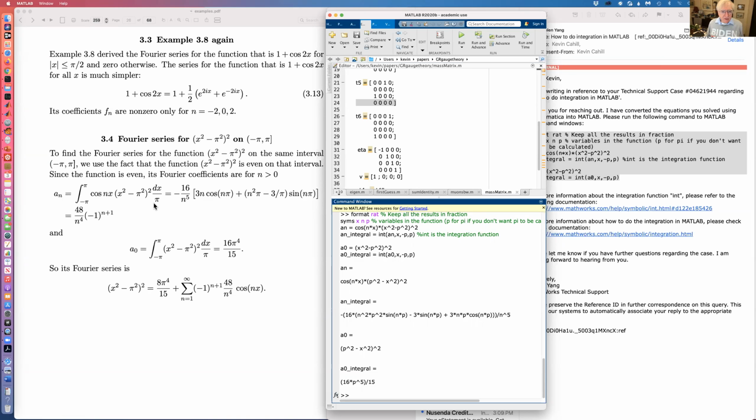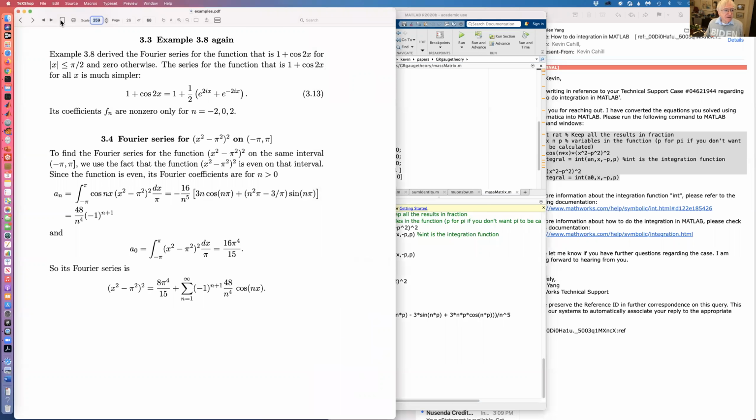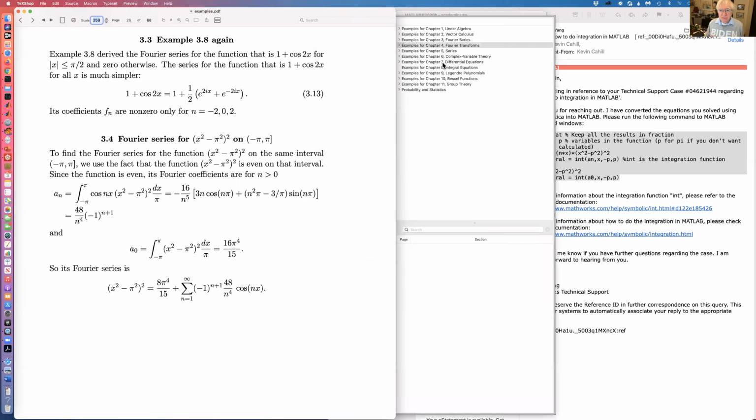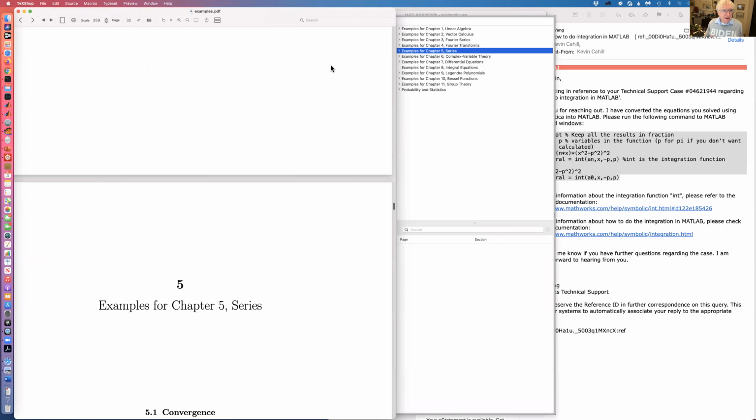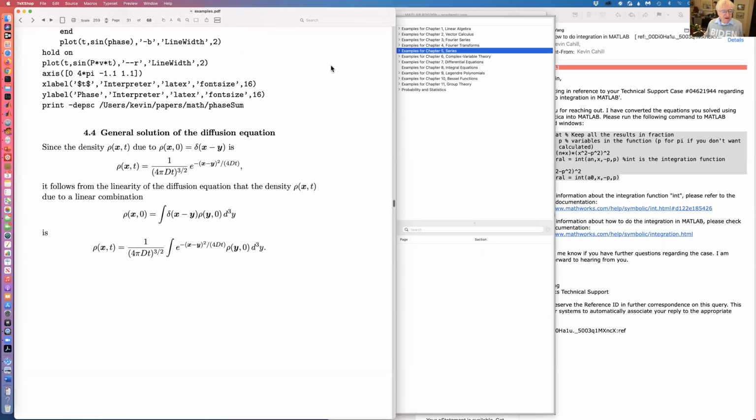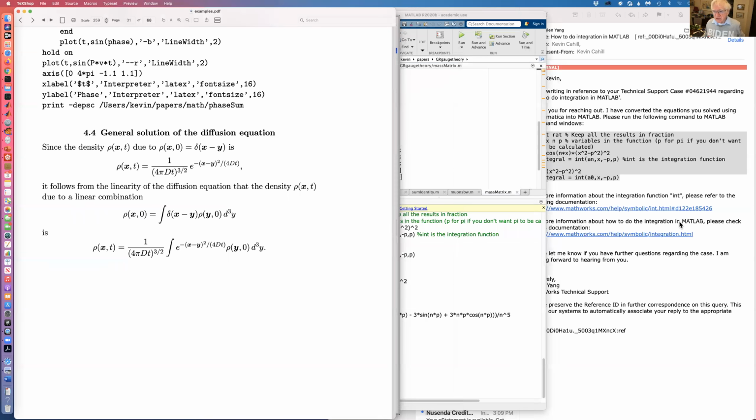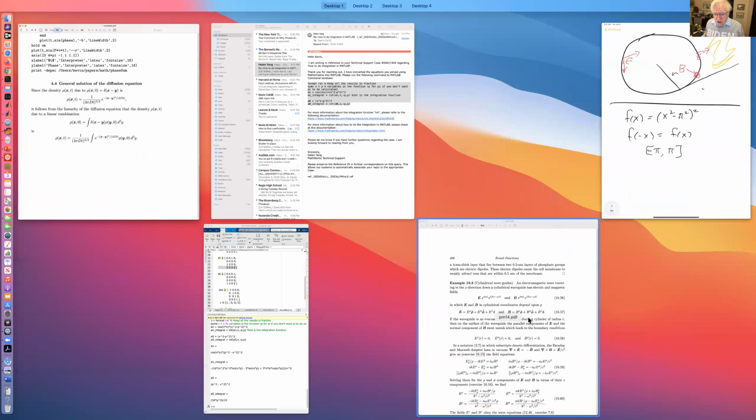So let's now skip to the examples for Fourier series, for Fourier transform and Laplace transforms. What I thought I would do for this example was, here, let me get you to the right place in the book.